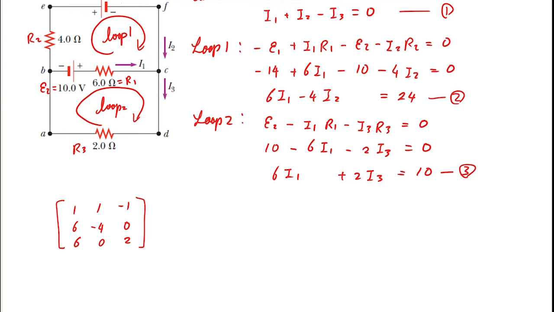Did I do this correctly? Let me check. Yeah. And then we have I1, I2, I3, and on the other side, the voltages. So this is the AX equals B thing. You know what I'm saying? And this is 0. We have 24 and 10.